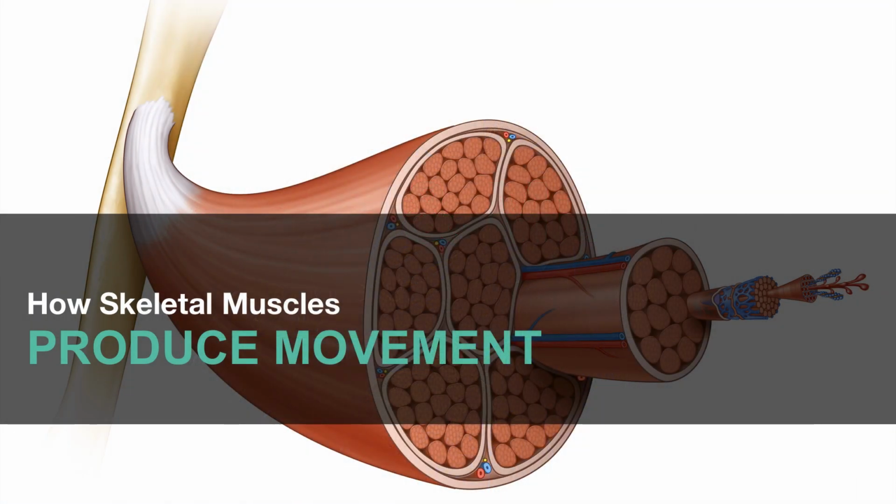Joints and muscle, on to muscle. How muscle produces movement. And if all else fails, think back to the elastic band analogy. Everything we're going to talk about, the detail that we're going to add, can be boiled down to the elastic band analogy. How do muscles produce movement?